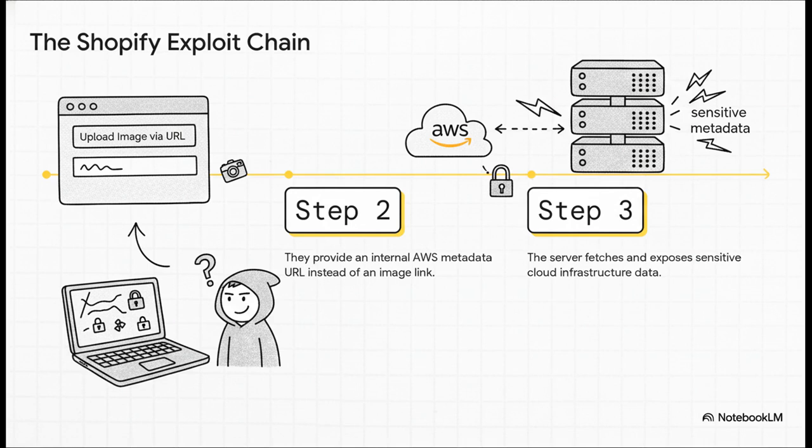But instead of linking to a JPEG or a PNG, the attacker gave it a very special internal IP address, one that Amazon Web Services uses for metadata. And what does Shopify's server do? It acted like our trusted insider and dutifully went and fetched the data from that internal address, exposing super sensitive info about its own cloud setup and handing it right back to the attacker.